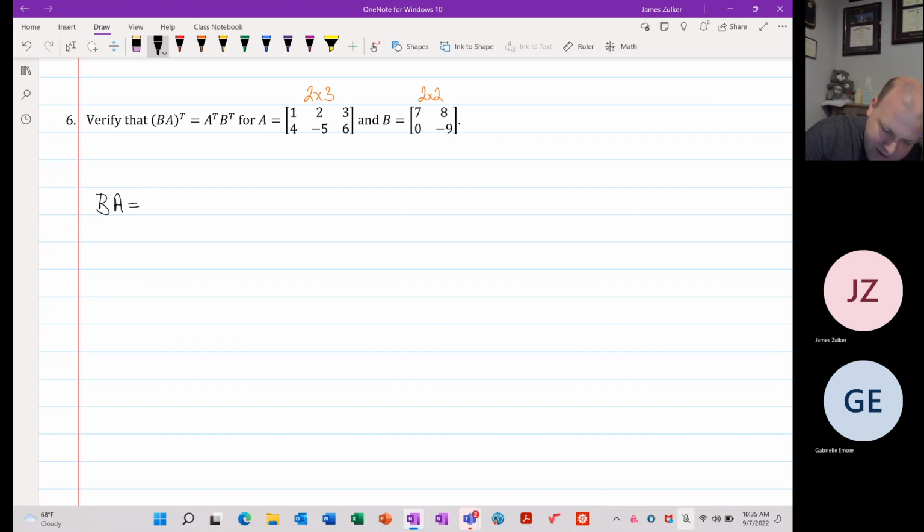We're going to have 7 plus 8 times 4, then 14 minus 40, and finally 21 plus 48 for row 1, right? And then row 2. 0 minus 36, right?